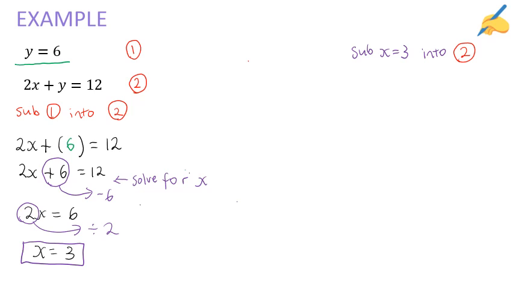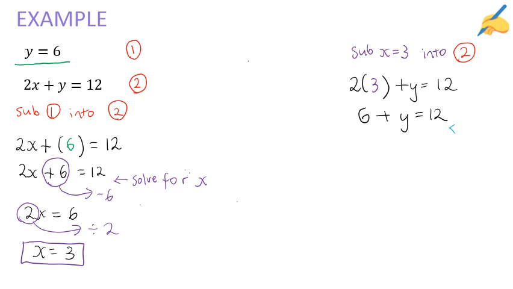So equation 2 will be 2, instead of writing x, I'm going to write 3 because x equals 3. So 2 times 3 plus y equals 12. Now what I'm going to do is I'll rewrite it out again. So we've got 2 times 3, which is 6, plus y equals 12.